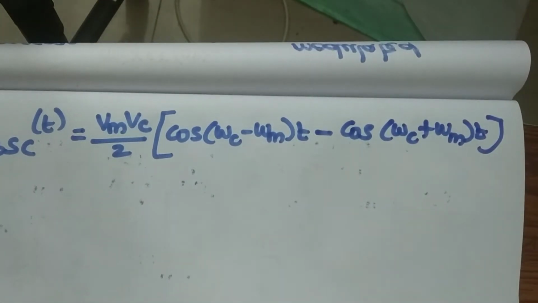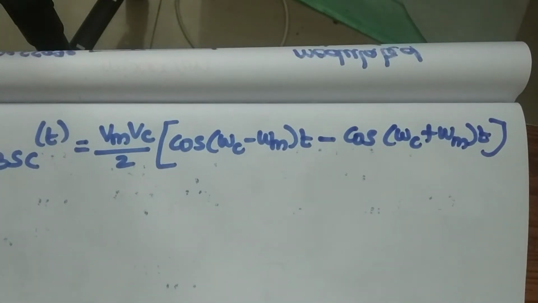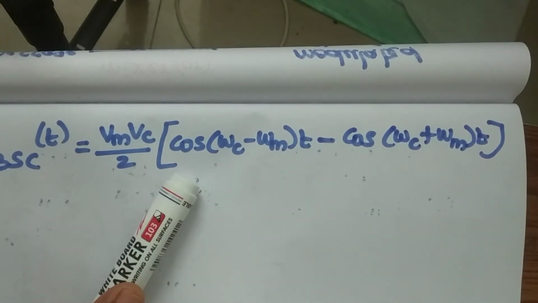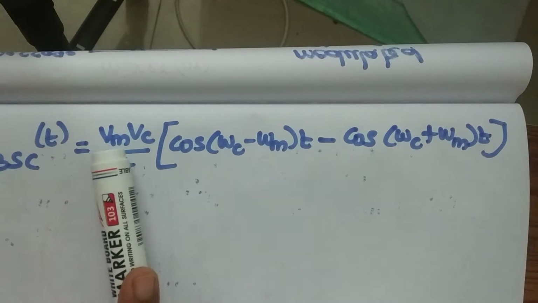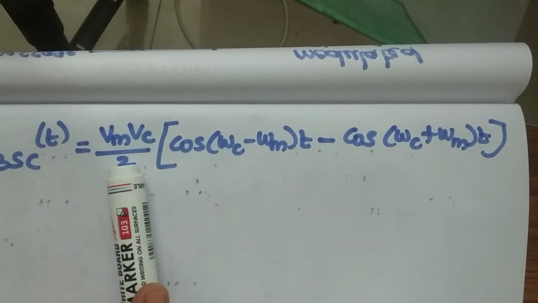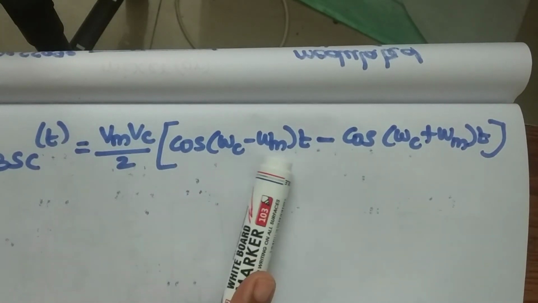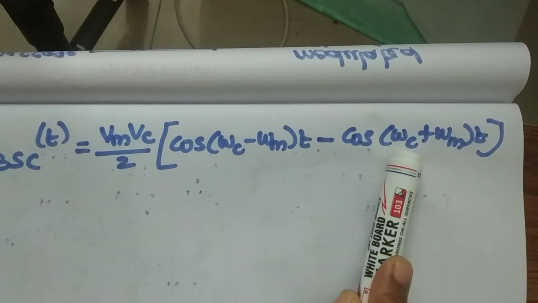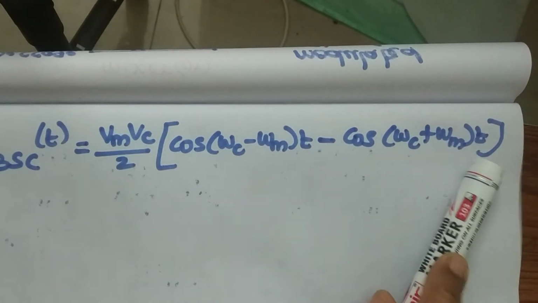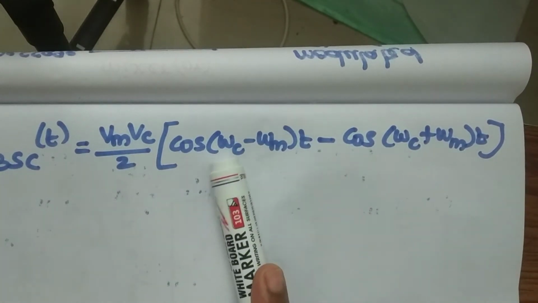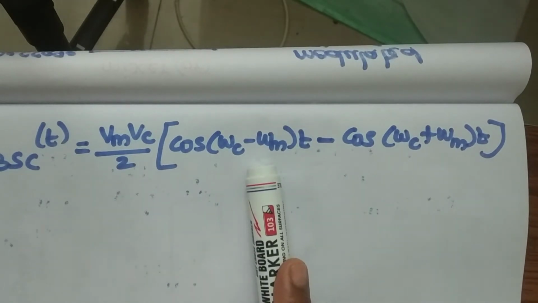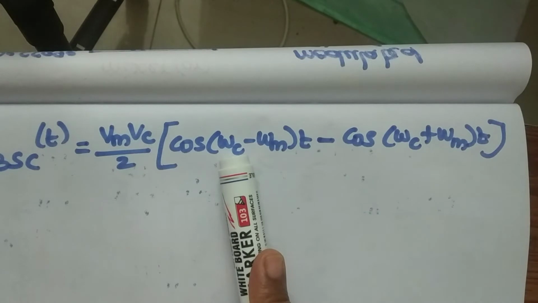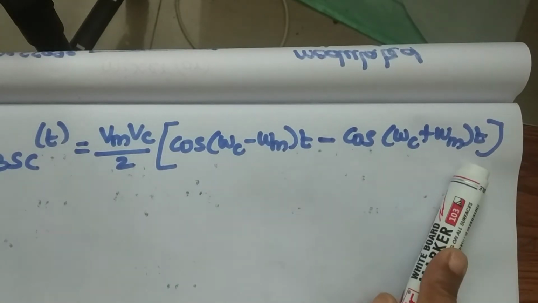So this is the double sideband suppressed carrier amplitude modulated voltage equation. This equation shows that only two terms are available, omega c minus omega m and omega c plus omega m, isn't it?